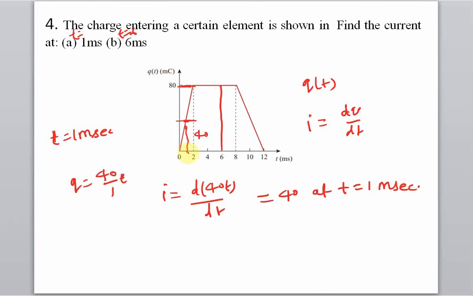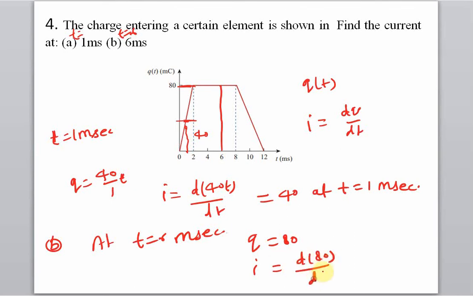Okay, the second one is part b, at t equals 6 millisecond. At 6 millisecond we have q equals 80. If we differentiate this one, we can write I equals d(80) divided by dt, which will be equal to 0.